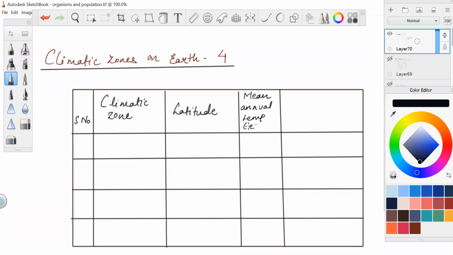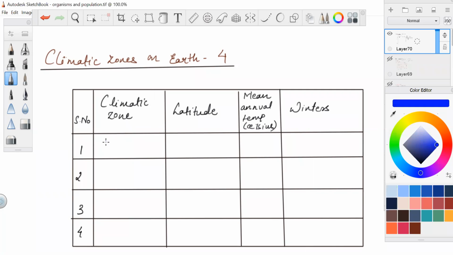This is in Celsius. And this is about the winters. One, two, three, and 4.